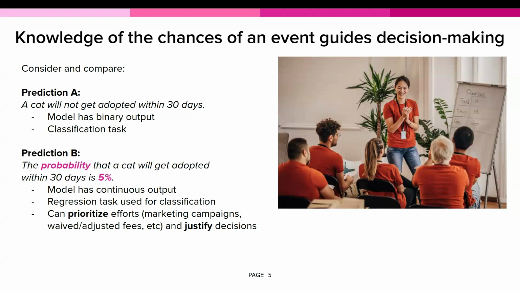And so knowing the probability allows us to tip the scales in favor of cats who are least likely to be adopted. Armed with these probabilities, we can make more informed, justified decisions, ensuring that our resources, whether they're marketing efforts, adjusted fees, or special events, are directed where they're going to have the most impact.